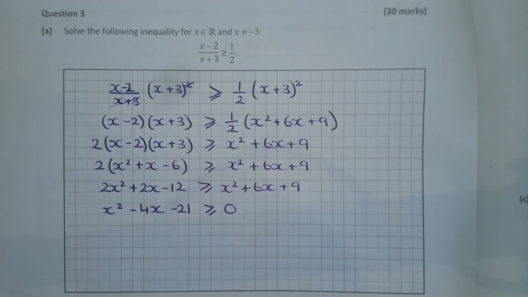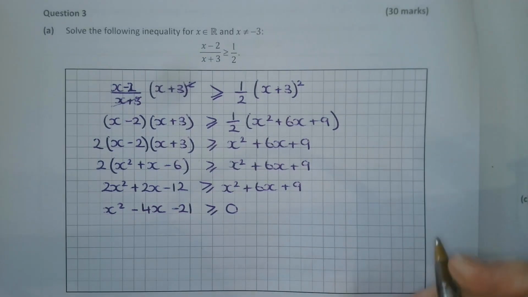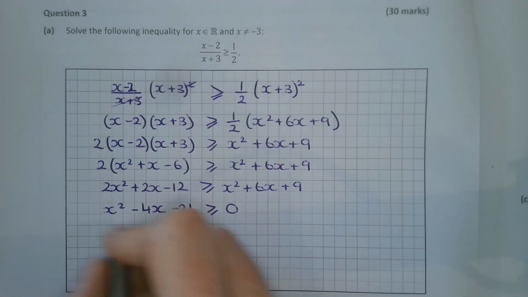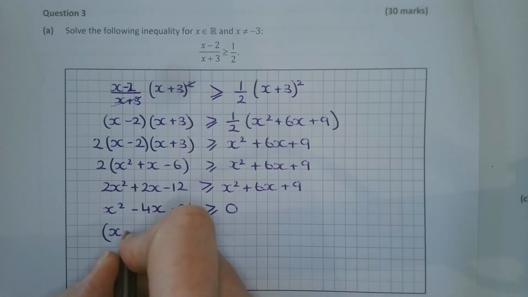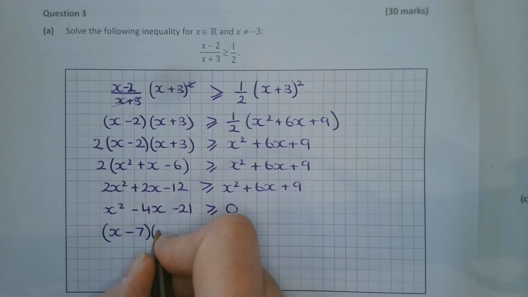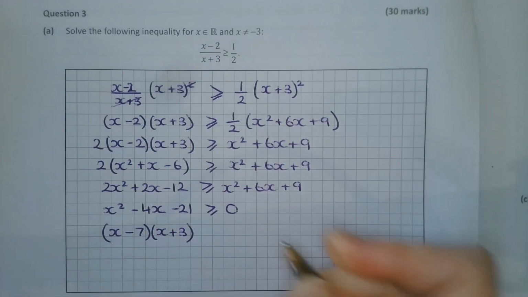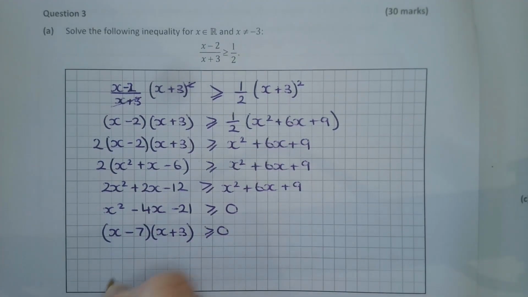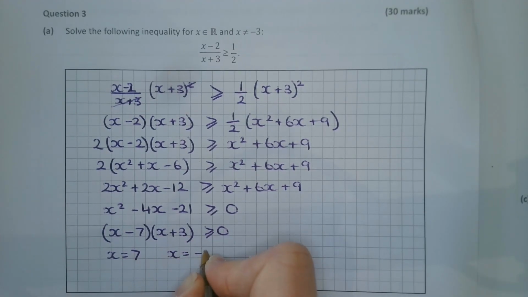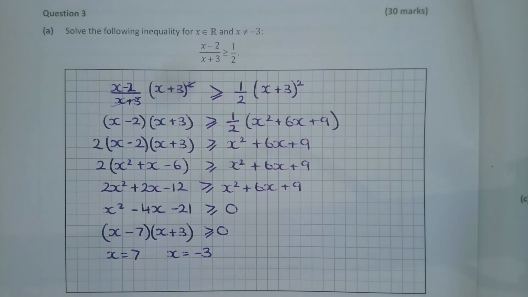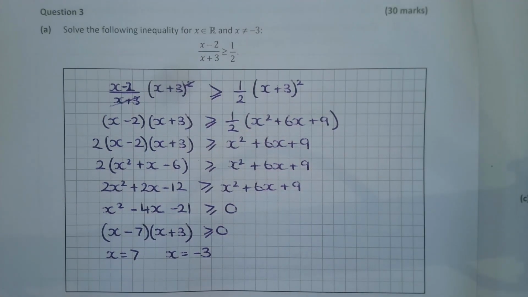So we have to solve that quadratic. And when we solve it, we can factorize it, and it'll factorize with brackets of (x minus 7) and (x plus 3). And then if I was going to solve that, we would say that x would be equal to 7 and x would be equal to minus 3. So sort of ignoring the fact that it's an inequality for a second and solving it as if it was an equation.